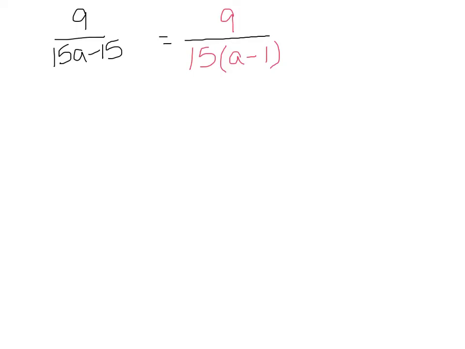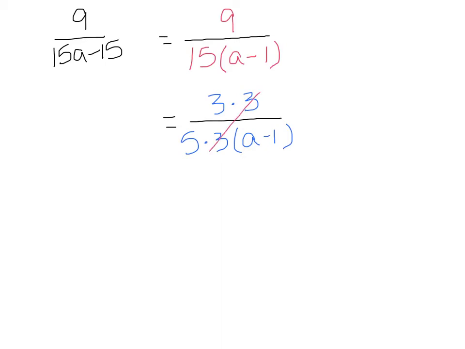Now, don't think that you're totally done yet. I know you're looking there going, I can't simplify that any further. Remember what we did earlier. Earlier we looked at the prime factorizations of numbers. So let's think about these two. 9 is 3 times 3. 15 is 5 times 3. And then we still have the factor of a minus 1. So you can see that we actually can simplify this a little bit further.